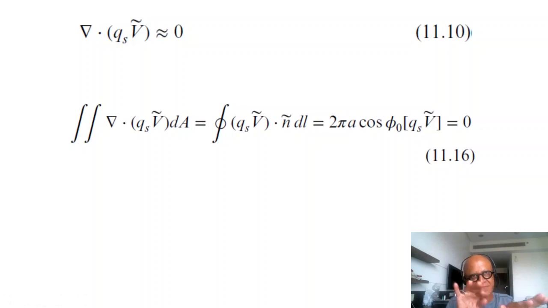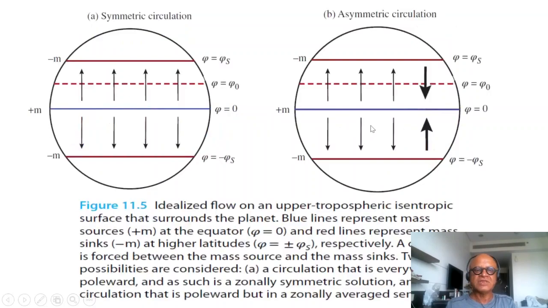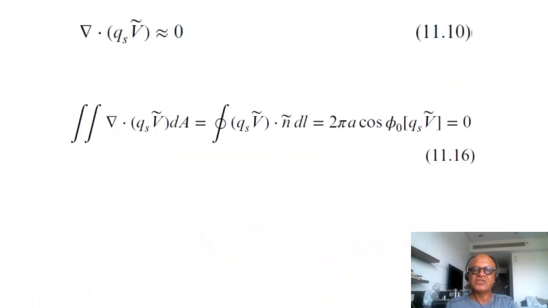So it's not an xyz coordinate, it's an xy isentrope coordinate, which becomes a line integral which can be written as 2 pi a cosine phi 0, which is the average latitude in the middle. So that's the radius of the Earth at that latitude, times qs v tilde.